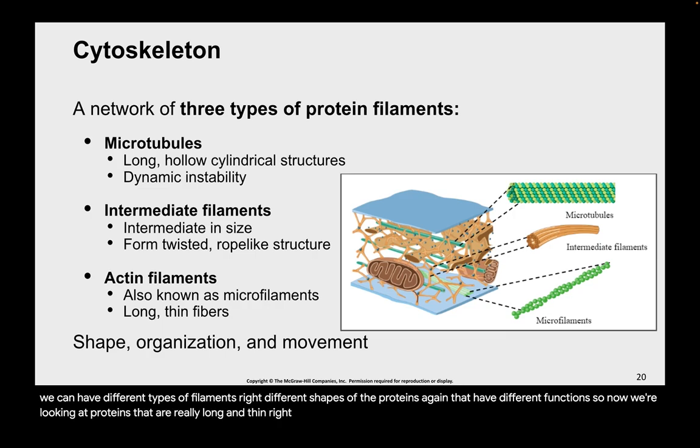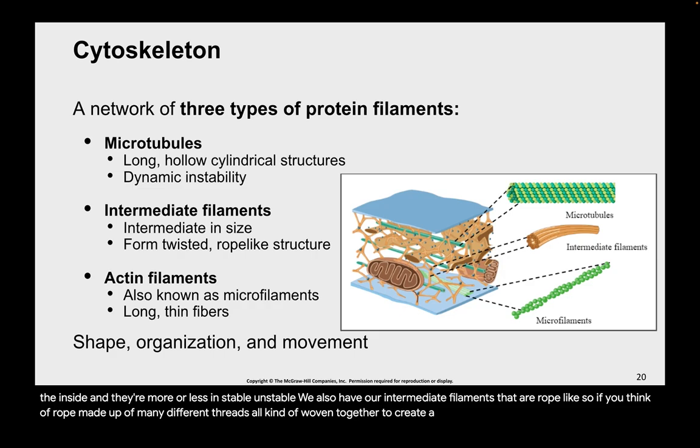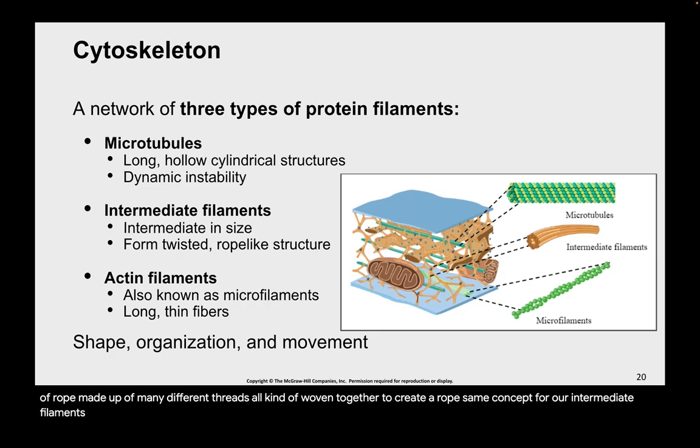So now we're looking at proteins that are really long and thin. Right? The microtubules are the thickest of the three. They tend to be hollow on the inside, and they're more or less unstable. We also have our intermediate filaments that are rope-like. If you think of rope, it's made up of many different threads, all kind of woven together to create a rope. Same concept for our intermediate filaments.